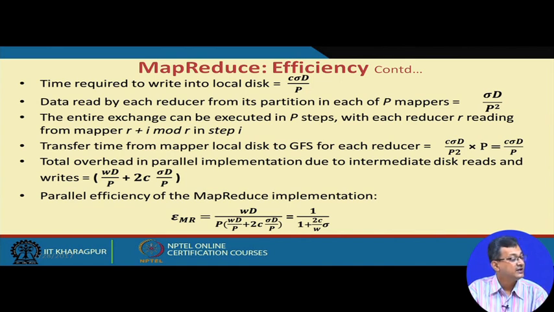Similarly, the data read by each reducer from its partition at each of the P mappers is rho d by P by P, so rho d by P square. If we calculate like that, the parallel efficiency of the MapReduce implementation comes as 1 by 1 plus 2 C by W into rho.